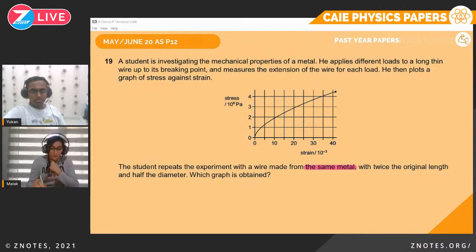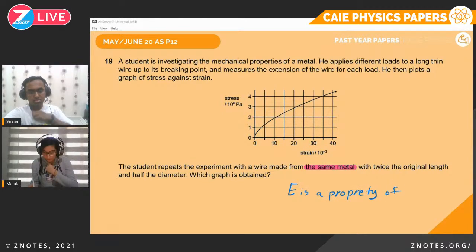Now, the first very important point is that it's the same material, right? And the Young modulus, E, is a property of the material.